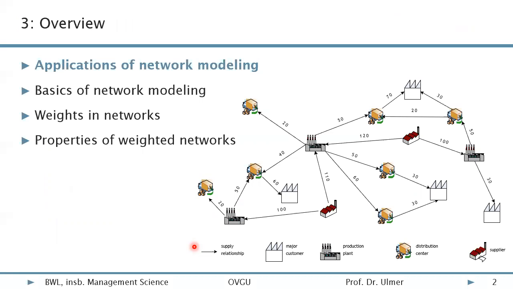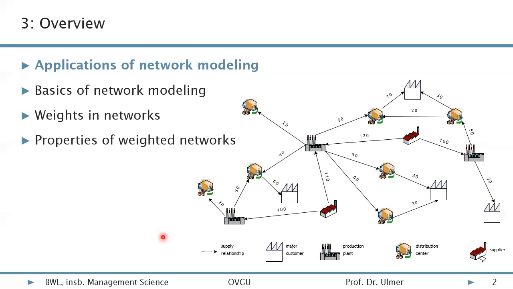But here, the arrows in the network, or later we call them edges, depict rather relationships of flows of goods between production plants, major customers, distribution centers, and suppliers. So here it's not about distance or travel time, but it's about how much capacity do we have, or how much do we need to ship between, for example, this supplier and this production plant.